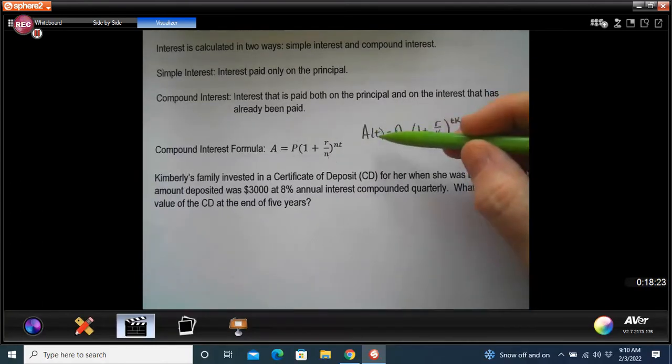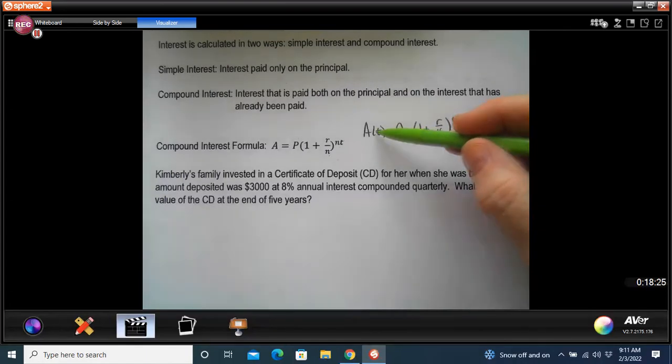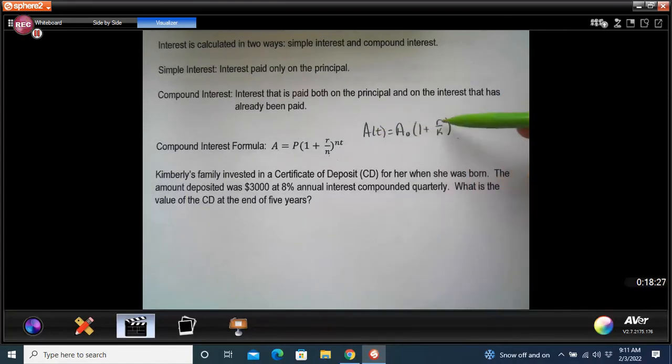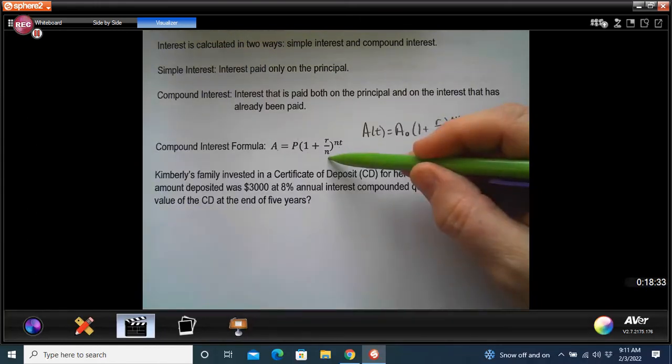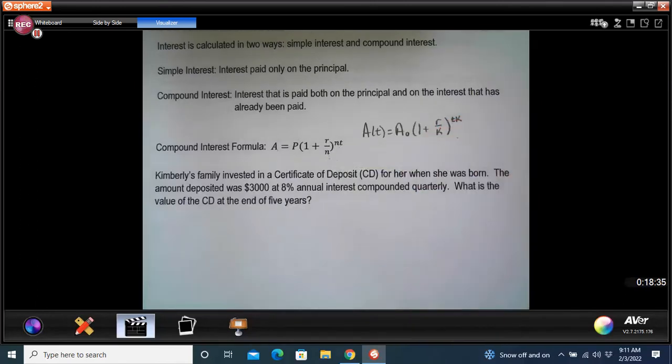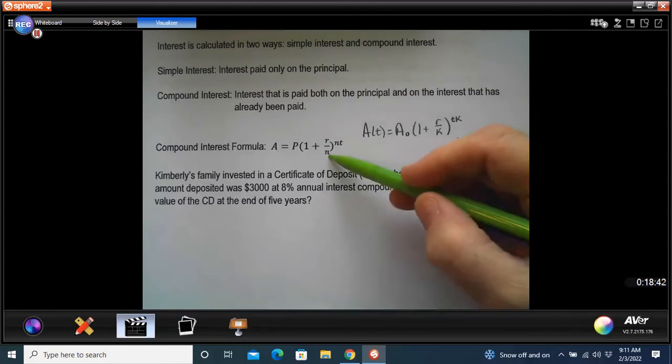A is the amount of interest I'm going to get. P is my initial investment. R is the rate of investment. N is how it's compounded. Compounded annually is 1. Compounded monthly, I would use 12 for n. Compounded quarterly, I would use 4 for n.